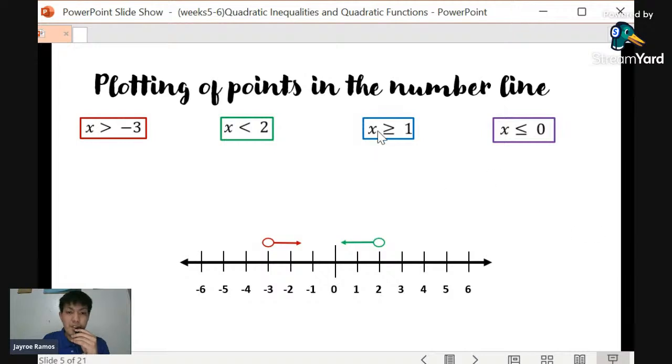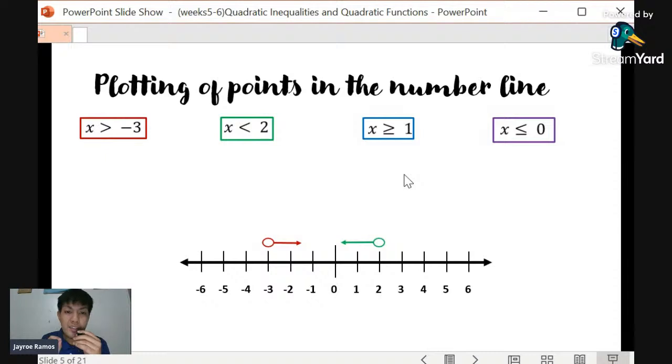So ang tamang sagot dito, this is greater than or equal. So kasama na po yung word na equal, okay? Kasi meron na siyang guhit sa ilalim. So ibig sabihin, pag sinabing x is greater than or equal to 1, ibig sabihin kasama yung 1. Okay, kasama yung 1 dun sa tinutukoy. So kapag sinabing x is greater than or equal to 1, yan ay 1, 2, 3, 4, 5, so on and so forth.